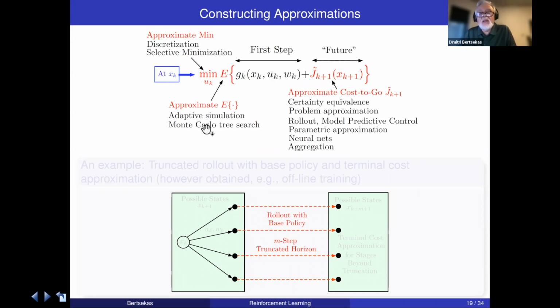And this is the idea involved in Monte Carlo tree search. Monte Carlo tree search is a method for doing adaptive simulation and reducing the calculations of this expected value.